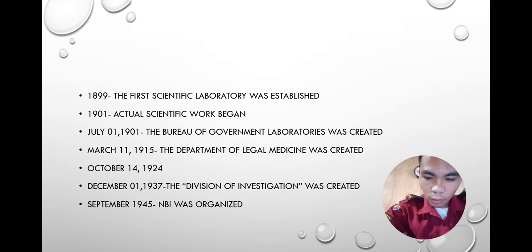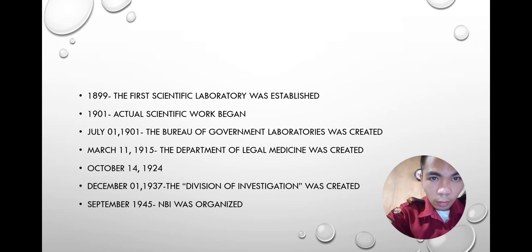Then the next is July 1, 1901. The Bureau of Government Laboratories was created for the purpose of performing biological and chemical examinations as well as for the production of vaccines and sera.